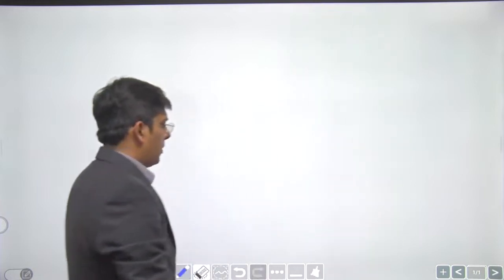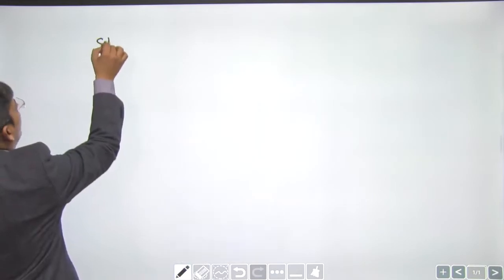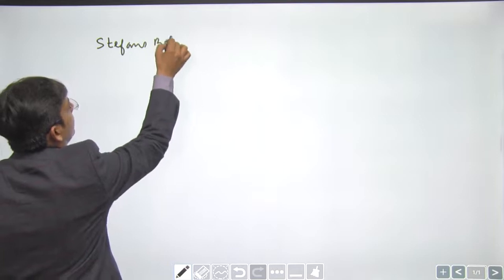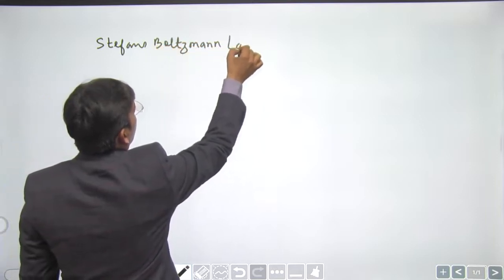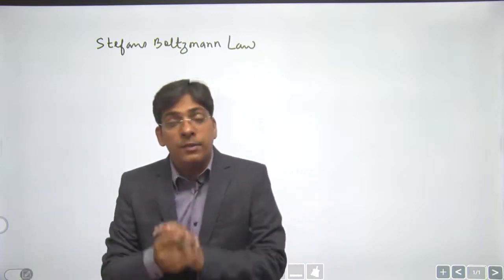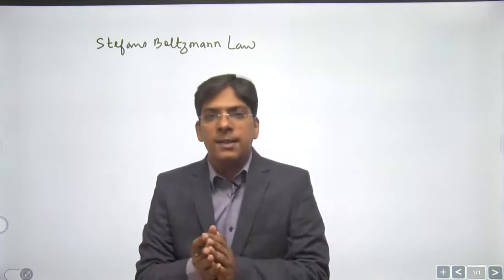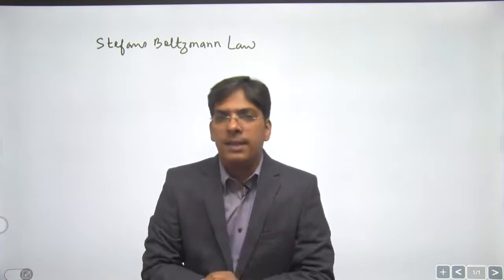See, now we have Stefan's law, or you say the Stefan-Boltzmann law, right? See, when the difference of the temperature of the system and surroundings is very large, obviously greater than 40 degrees Celsius, or maybe 100 degrees Celsius, maybe 1000 degrees Celsius, or maybe anything, right?